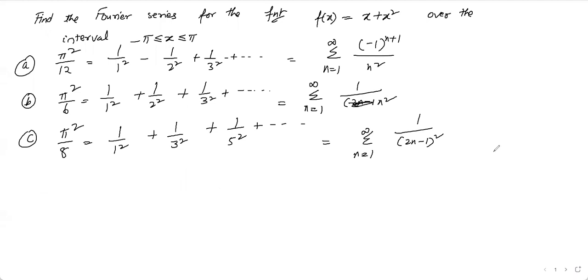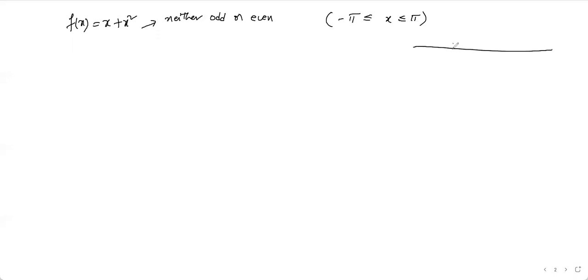Now the function here is x plus x squared. Now the function f of x is x plus x squared. This is neither odd nor even, over the interval minus pi to pi, on the real line.